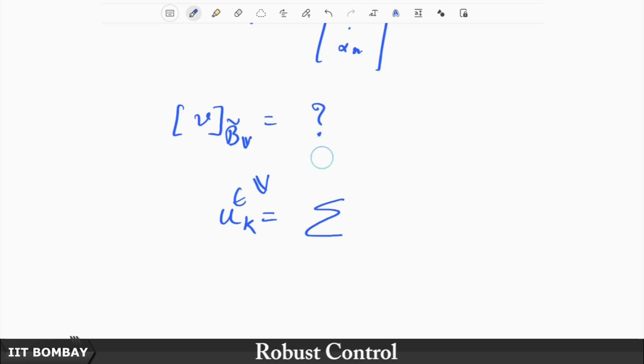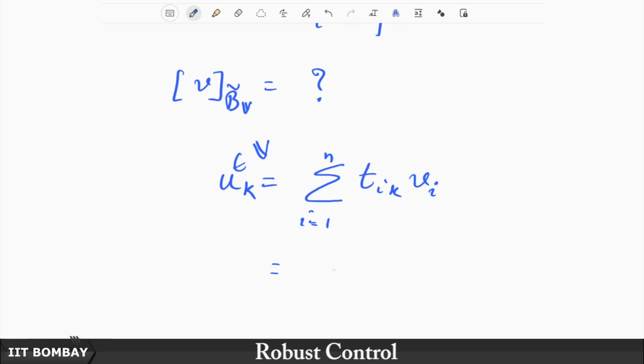So, how do we write this? We write this as the sum of T_ik V_i, i going from 1 through n. That is just a short way of writing that it is T1k V1 plus T2k V2 plus dot dot dot till Tnk Vn.